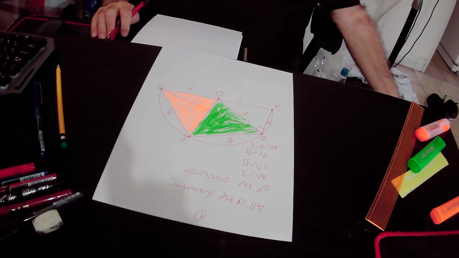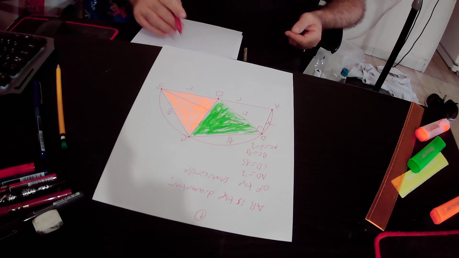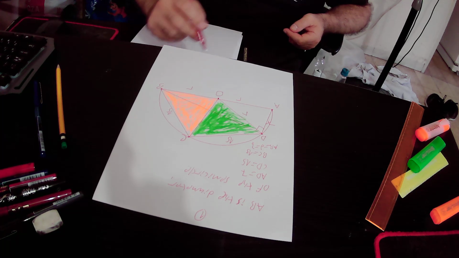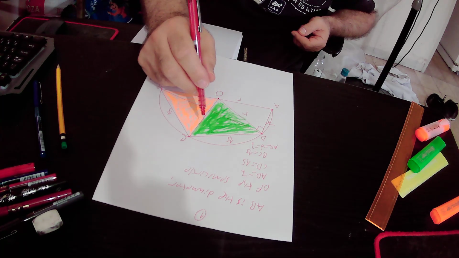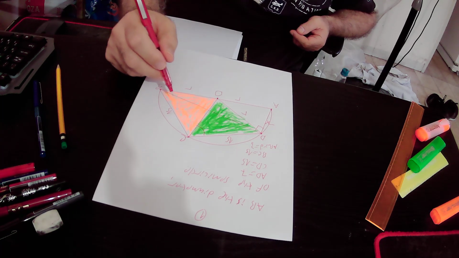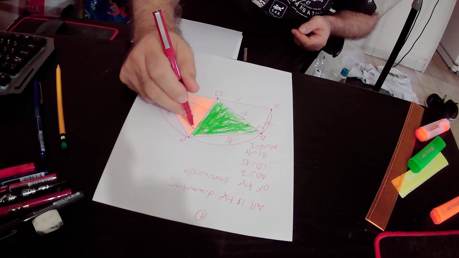So, from the fact that the green triangle is congruent to the orange triangle, we can deduce that angle DCO, this angle, is equal to angle OCB, to this angle.